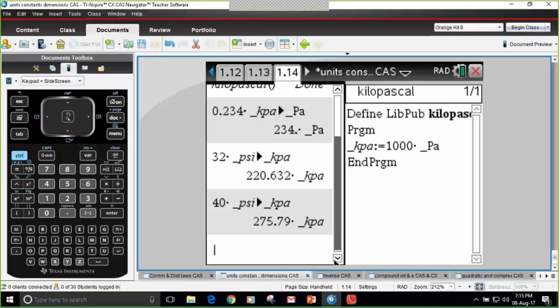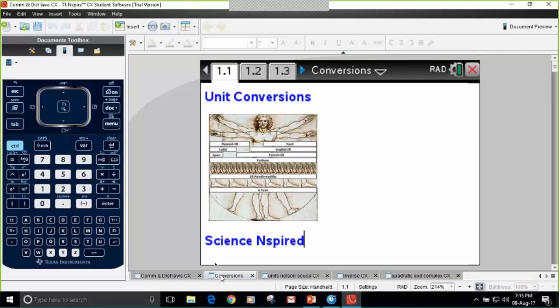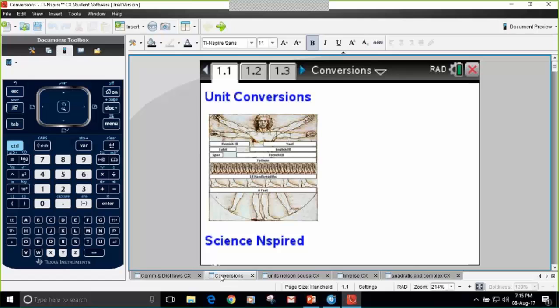Now basically with the CX version that's not available, but I understand that operating system 4.5 will be out in the next couple of months, and that's going to have full unit functionality. So that's something for you to keep in mind if you have a numeric CX calculator.